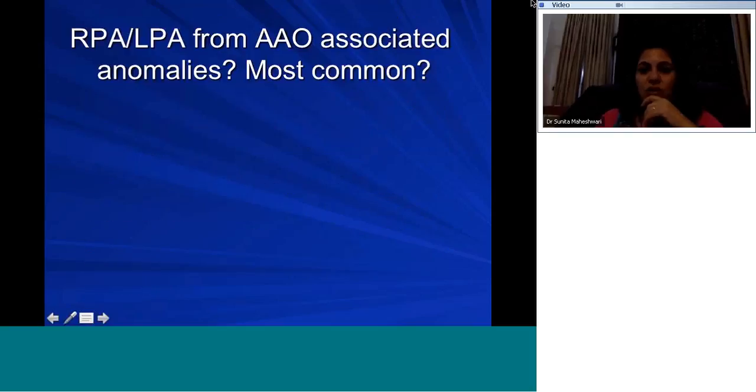What are the common associated anomalies with hemi-truncus? Anyone? With RPA from aorta, with LPA from aorta.